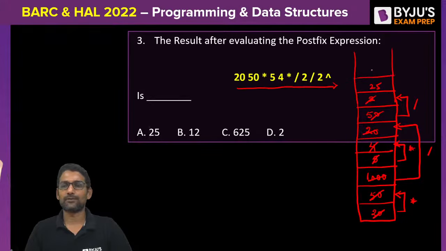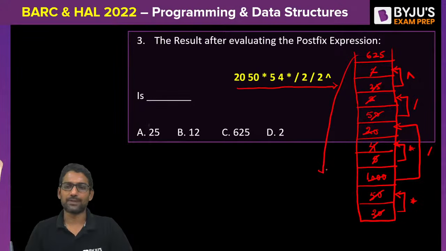Then again we have 2. Then we have exponentiation. It is not XOR here. It is 25 to the power 2, that is 625. Expression is over, so pop the result. So what is the result after evaluating the given expression? 625.